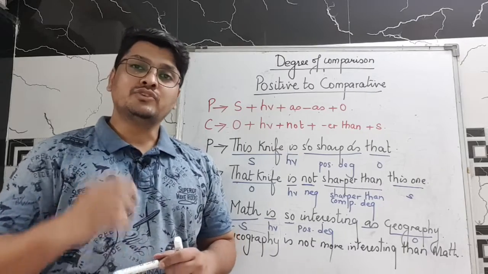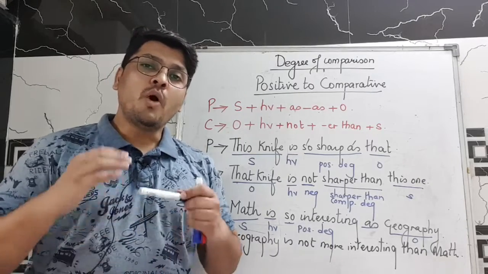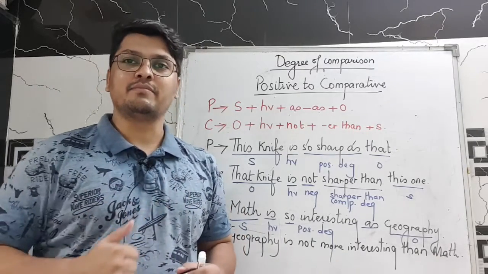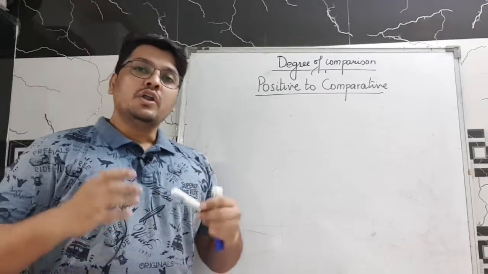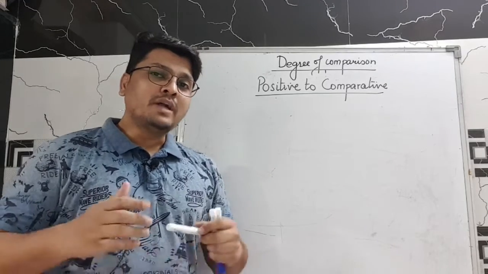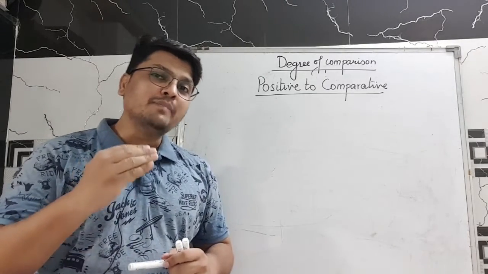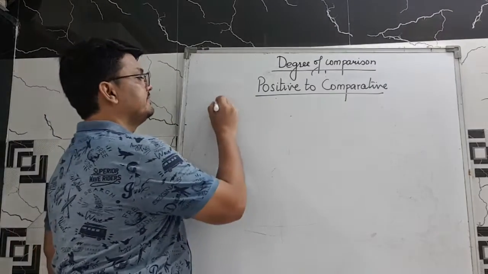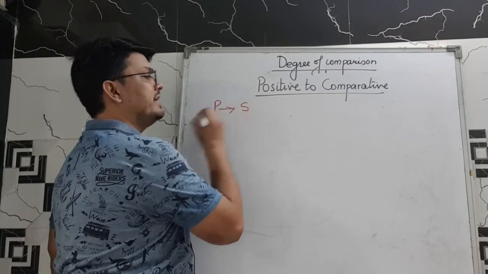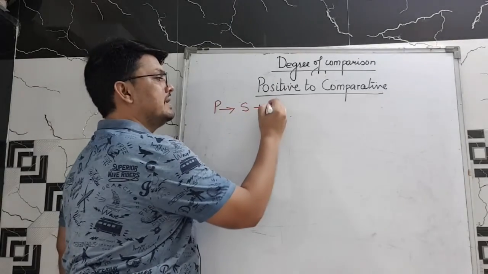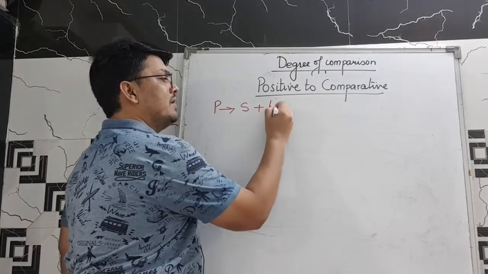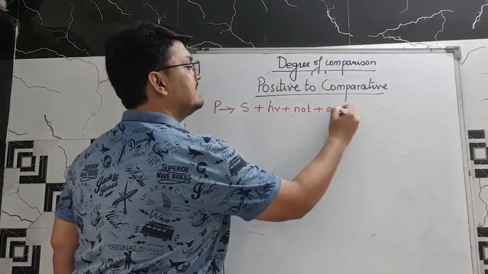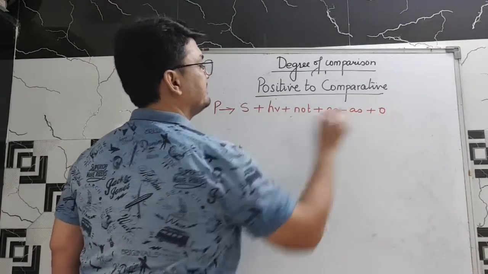Okay. Now students, let's see what if not comes in positive degree. Let's take more examples. What will be the structure? Subject plus helping verb plus not plus as plus object.